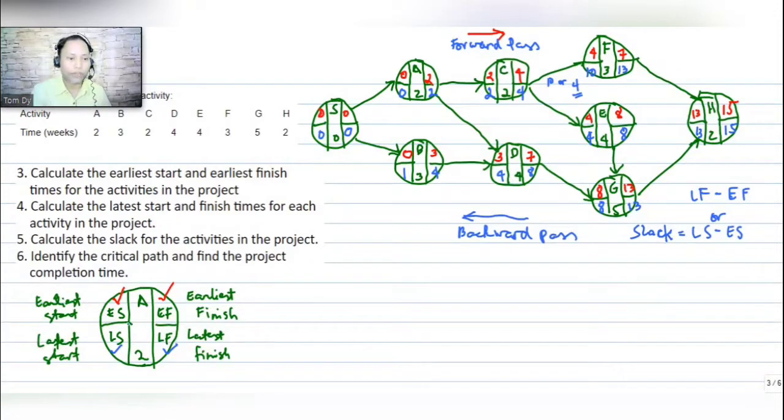So we have to look at LS minus ES and then LF minus EF. That is how we compute our slack.